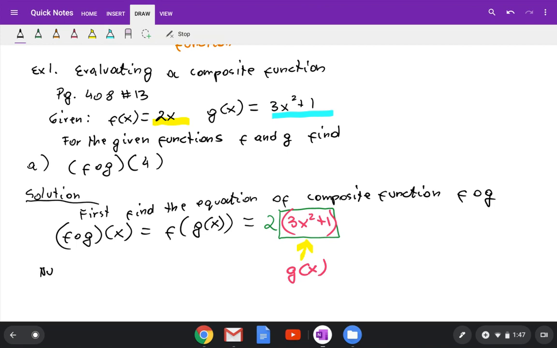So note, lowercase f is the outside function.